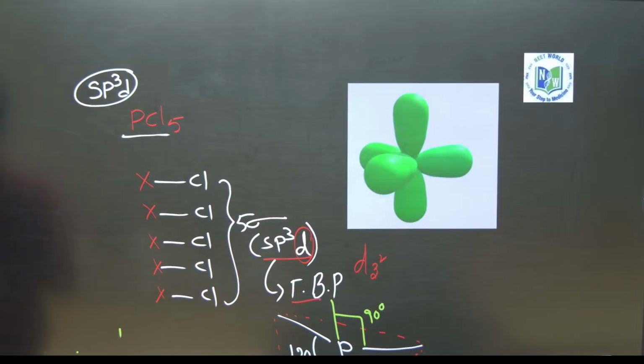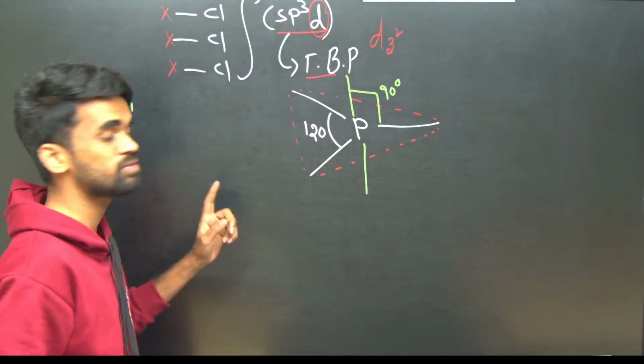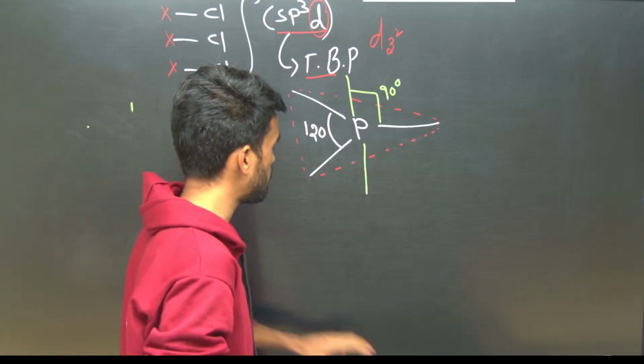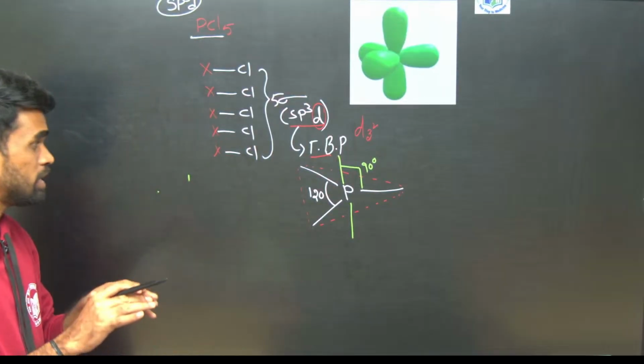So what is the angle? We have two types of angles, one is 120, the other one is 90. Now PCl5, trigonal bipyramidal, is one of the very important structures that has to be studied very clearly.